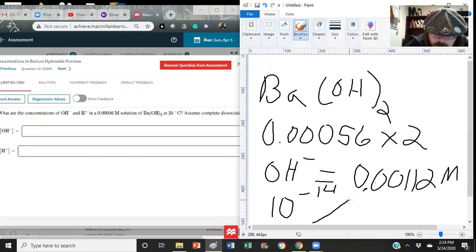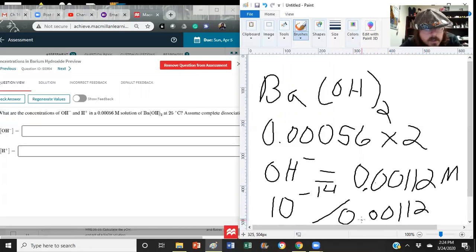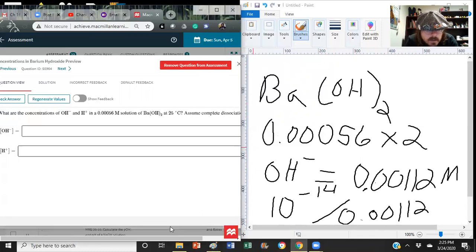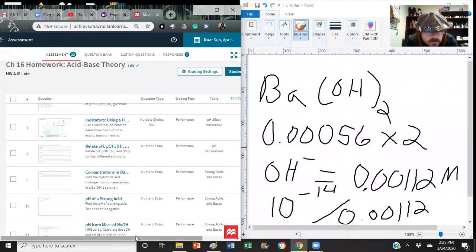And so H plus is just going to be Kw divided by your OH minus. If you could do that in problem number 6 and problem number 8, you should be able to do this in problem number 9. I said this is a little bit harder because it's a dihydroxo, but it should not be fatal.